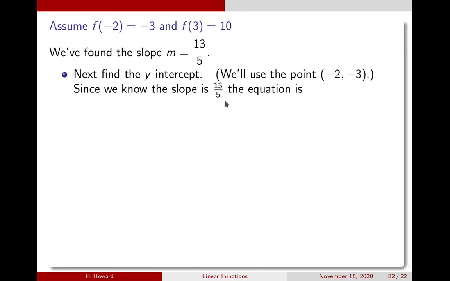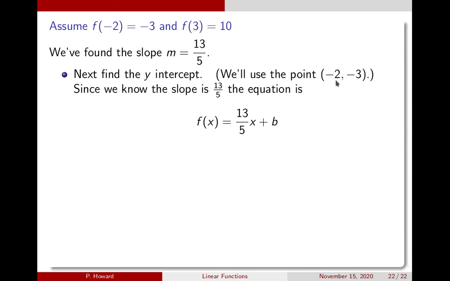Since the slope is 13/5, we know that the equation of the linear function f looks like this. It's f of x equals 13/5 times x plus b.